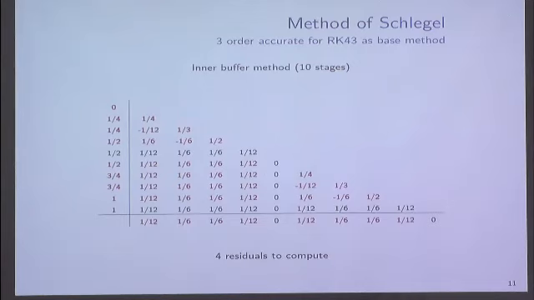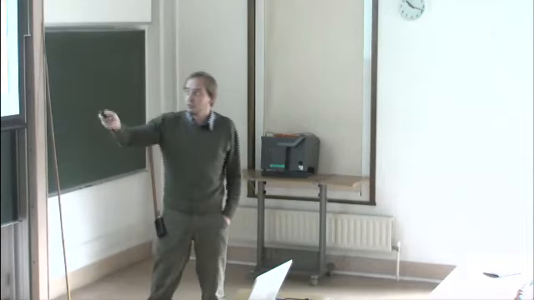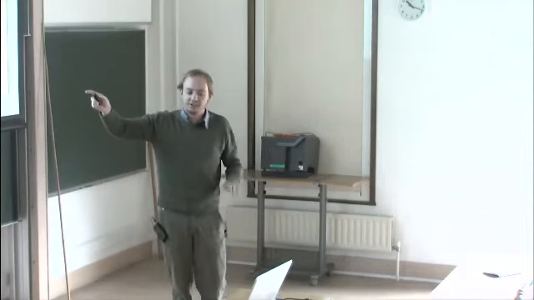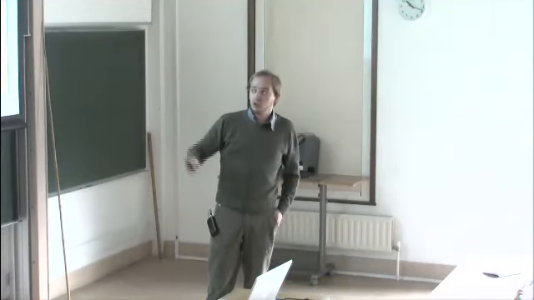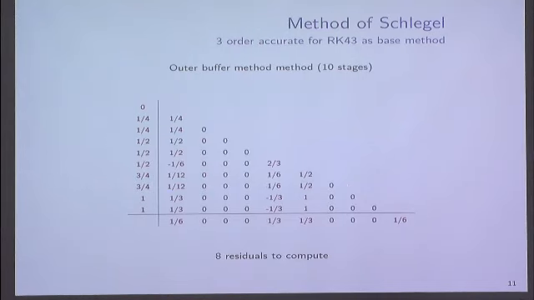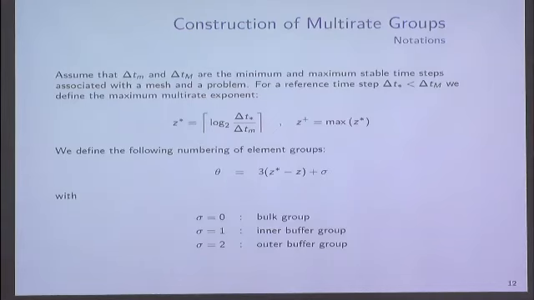Actually, you don't need to compute all the right-hand sides for every line of the Butcher tableau. I plotted them in red. So for the inner buffer that uses the smallest time step, we only need to compute 8 actually, and then 4, sorry, and then 4 for the outer buffer method. So this is how the groups communicate.